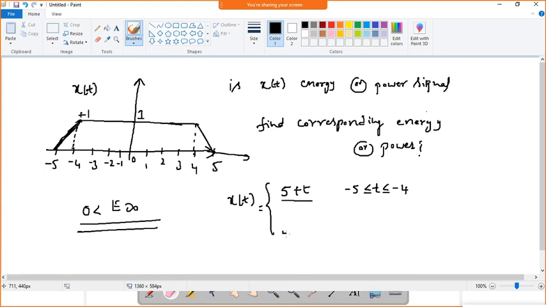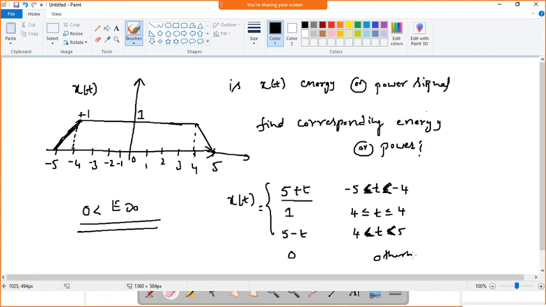We can write it as 5 minus t, for t between 4 and 5. And for t between -4 and +4, the value is equal to 1. Here t is between 4 and 5, and there t is between -5 and -4. Here, with equality, it has the value 1, and 0 otherwise.